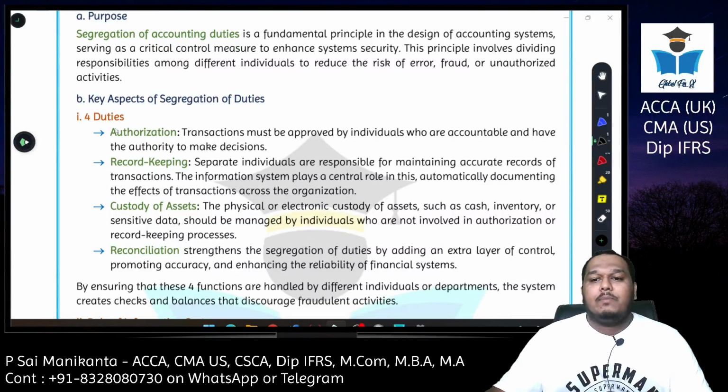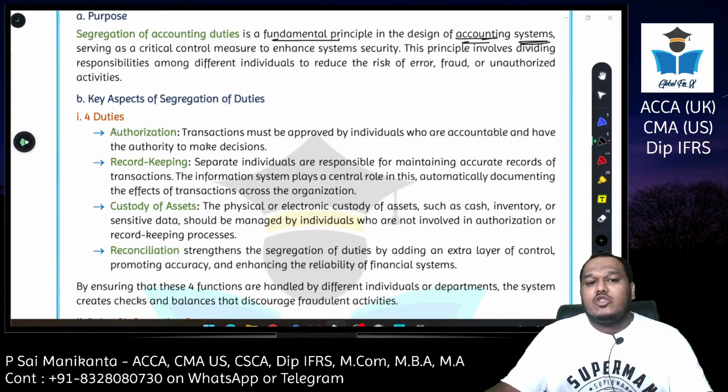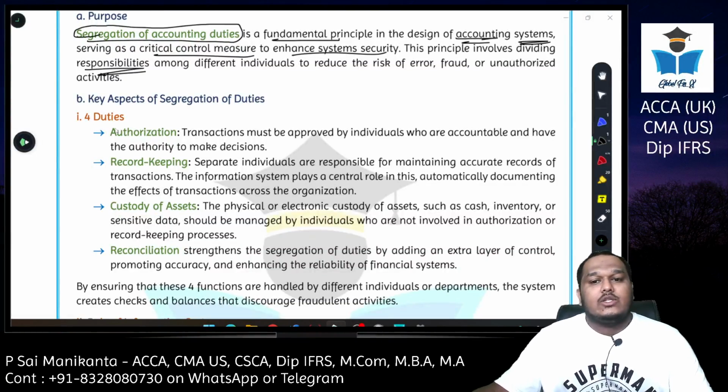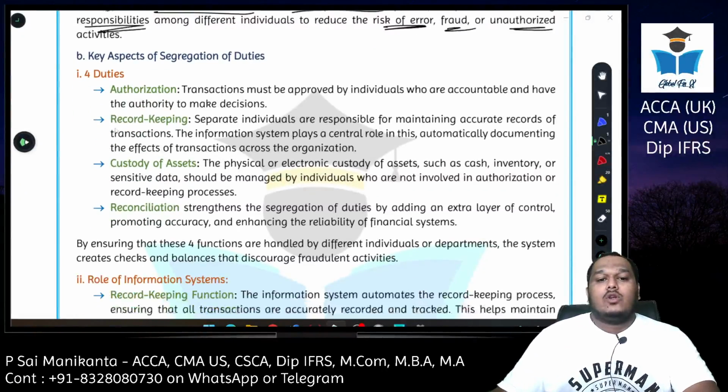So the fundamental principle is that when you are designing accounting systems or accounting software, segregation of duties is the fundamental rule. It serves as a critical control measure to enhance system security. This principle involves dividing responsibilities among different individuals to reduce the risk of error, fraud or unauthorized activities. Common sense? Okay. So now what are the four key duties?